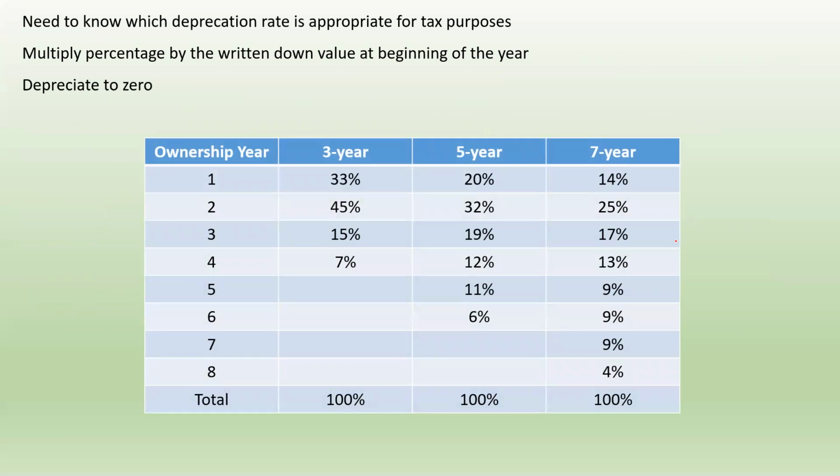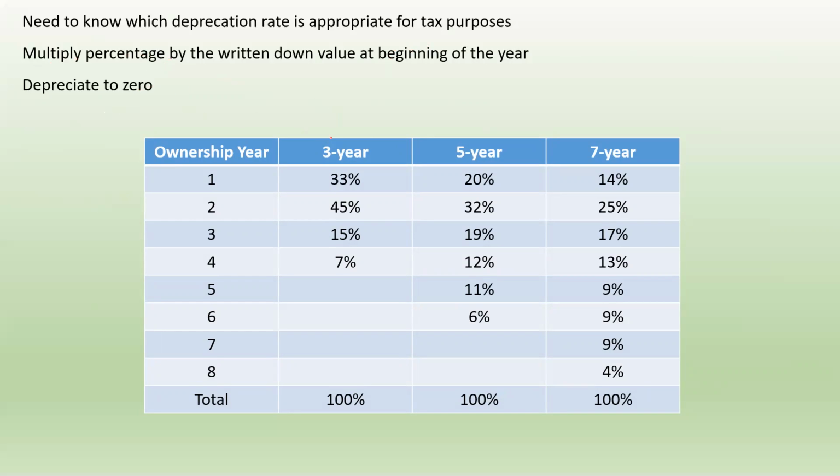So this is the modified accelerated recovery system table. You need to know which tax rate is appropriate for tax purpose, and then you multiply the capital expenditure with a percentage in this table. So it will always depreciate to zero.